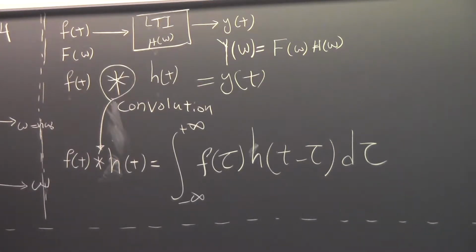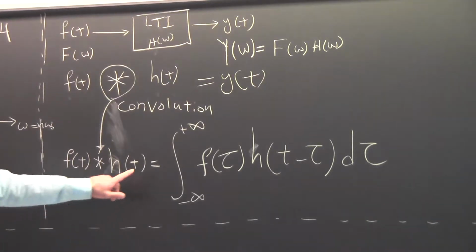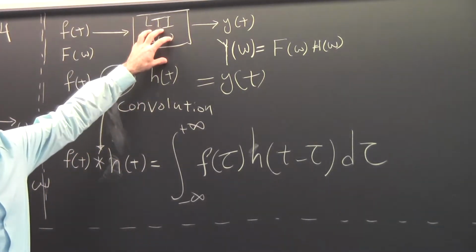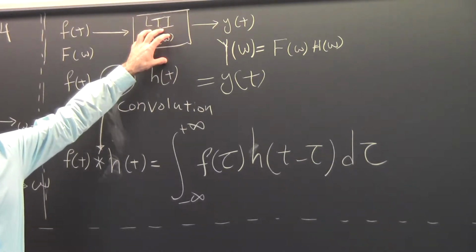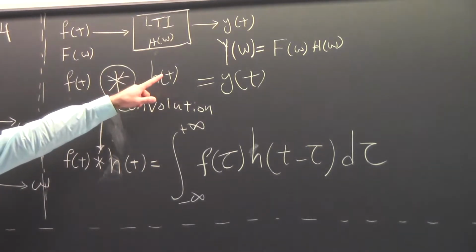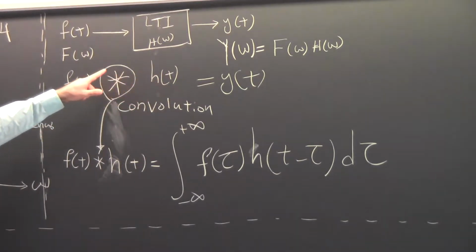But with the h(t), can't you just plug H(omega) into the function and get it out? Sorry, can you repeat your question? So H(omega) inside the LTI. Could you just transform it into h(t) using that equation? Yes, and then use this convolution to do it, right?